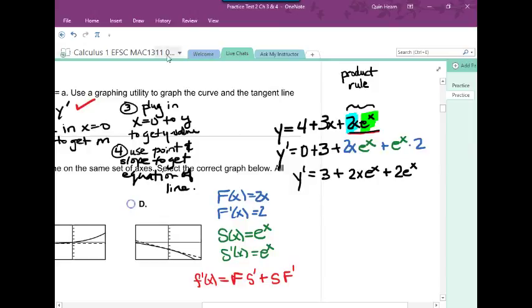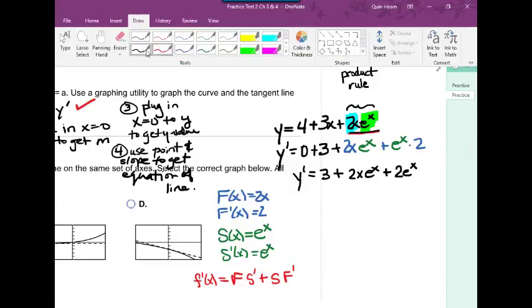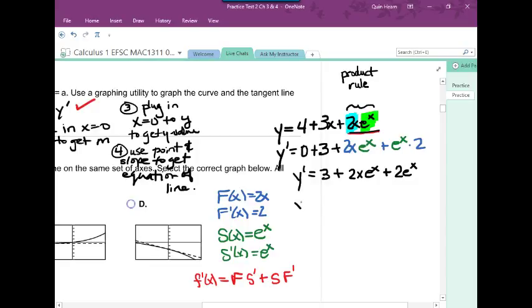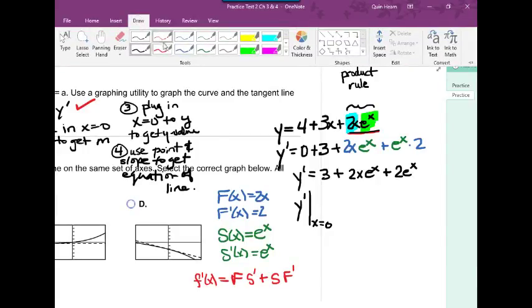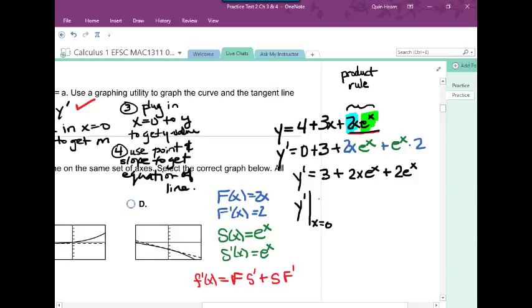So we're going to plug into y prime, and you can use this little bar to indicate that x equals 0. That's what we were given. You don't always plug in x equals 0; it depends on what point they're asking you to find the slope at. So we're going to have 3 plus 2 times 0 times e to the 0 plus 2 times e to the 0.